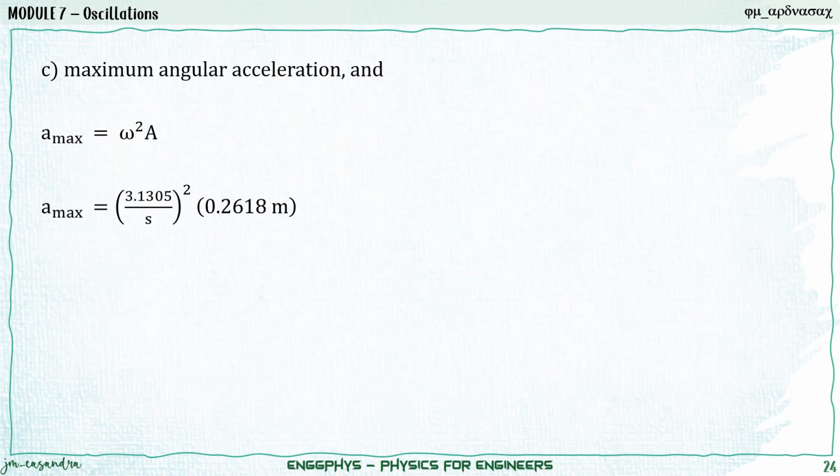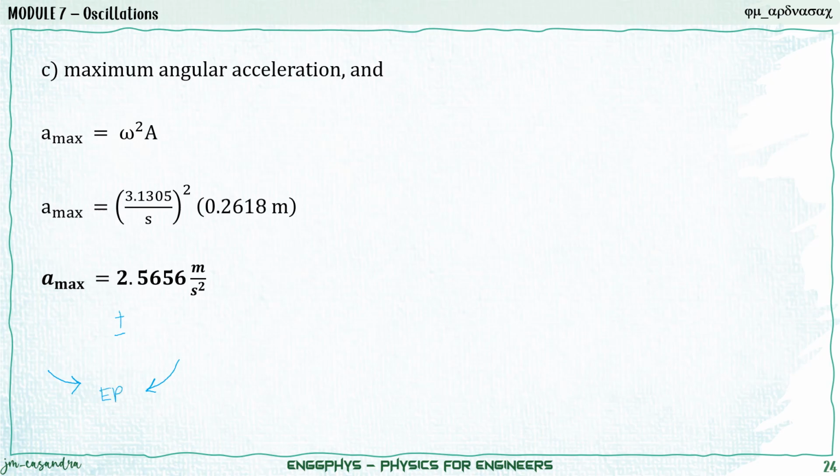So we have 3.1305 squared times 0.2618 meters, or the acceleration now is equal to 2.5656 meters per second squared. Okay? So basically, the acceleration will still be either a positive or negative value since we are moving backwards and forward to our equilibrium position.